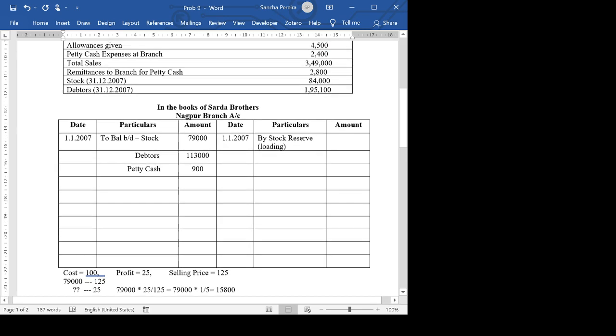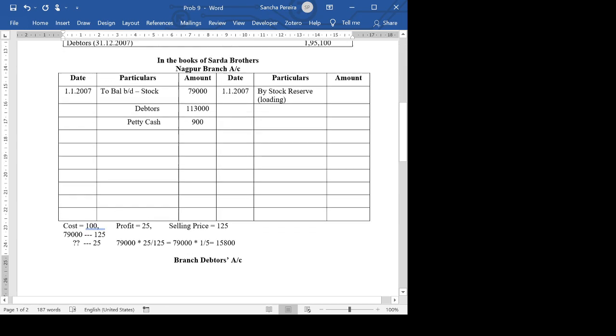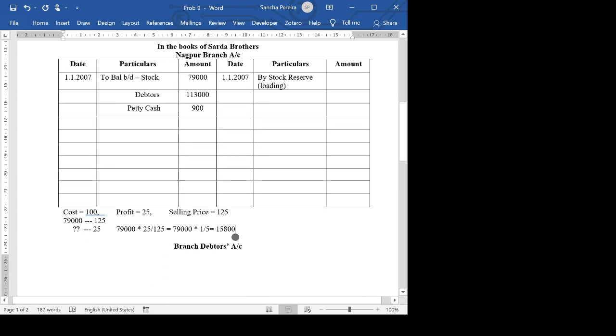In every problem, instead of doing all this, I was trying to explain the shortcut. Whenever it's stated as a percentage of cost, 25% is 1/4. I explained to you many times how 25% is equivalent to 1/4. If you divide 100 into 4 parts, 25 is one part of it. So if given as 25% on cost, that is 1/4 on cost, it becomes 1/5 on selling price.